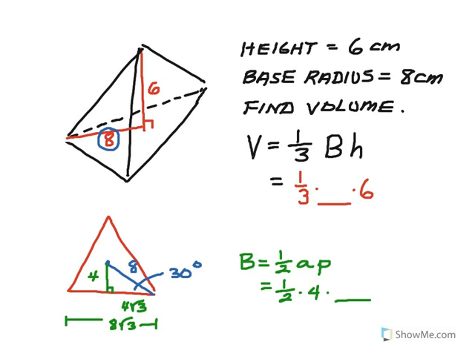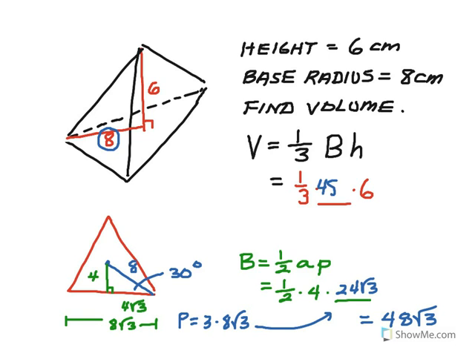Now, if one side is 8 root 3, then the perimeter is 3 times 8 root 3, or 24 root 3. So the base area is 1/2 times 4 times 24 root 3, so that is 48 root 3. Sometimes it's a little complicated to find the area of the base, but that's what I'm going to use in my formula here.